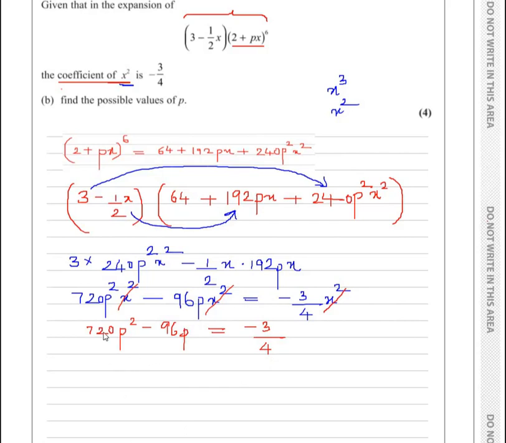Now I will multiply on both the sides by 4. I'm multiplying the entire bracket with 4 over here. Here I'm multiplying with 4.